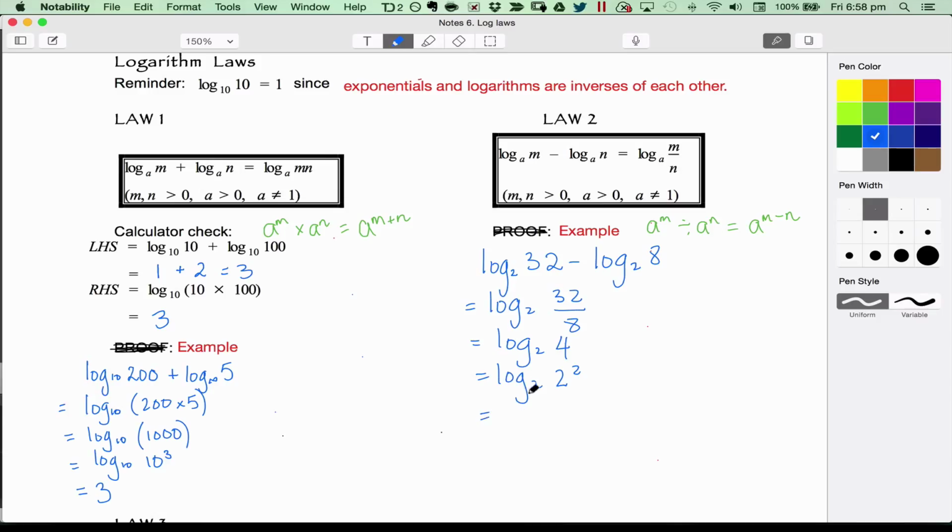And then we've got the same thing that happened here where the base and the number are the same. It equals 1. So log 2 of 2 is 1, and we're just left with this 2 here. So it just equals 2. So this whole thing simplifies to 2. And if you put that into your calculator, you should get 2 as a solution.